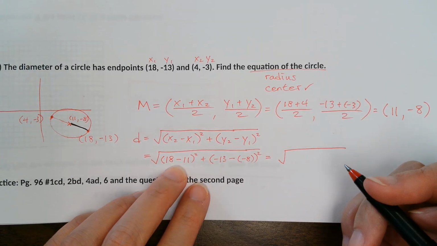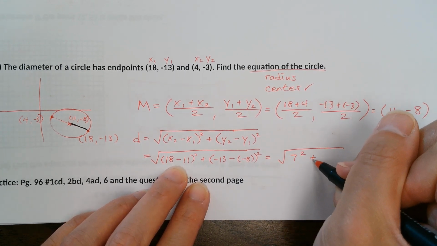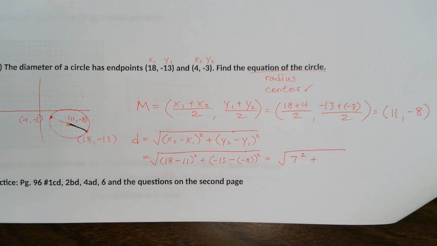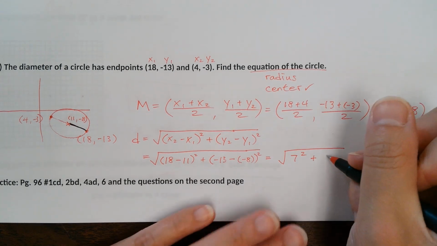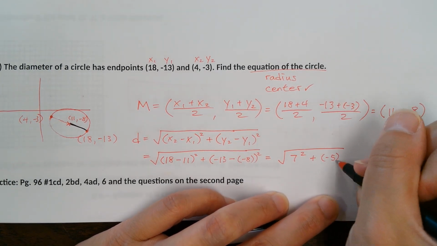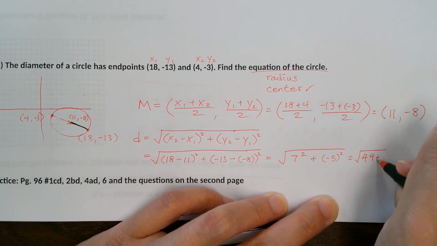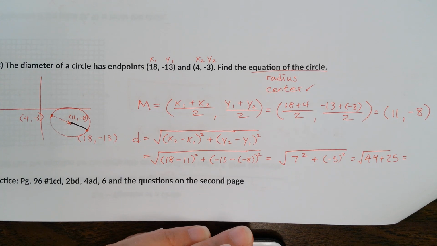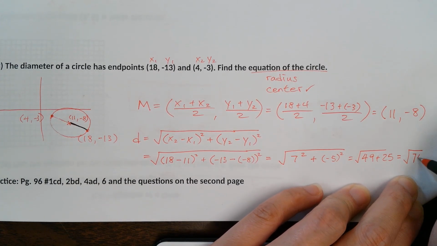Okay, 18 minus 11 is 7. So I have 7 squared plus negative 13 plus 8, which is negative 5, negative 5 squared. So square root of 49 plus 25, square root of 74.